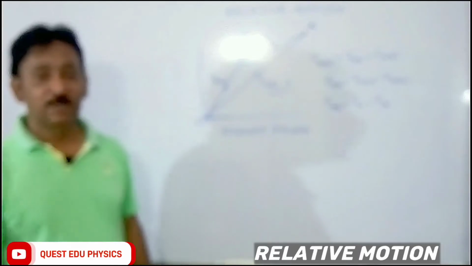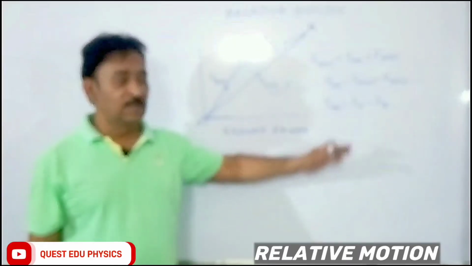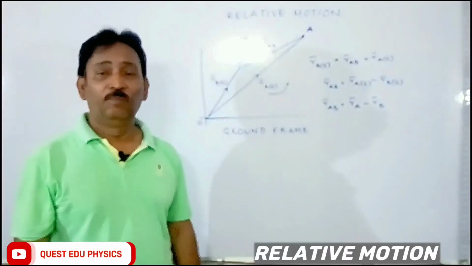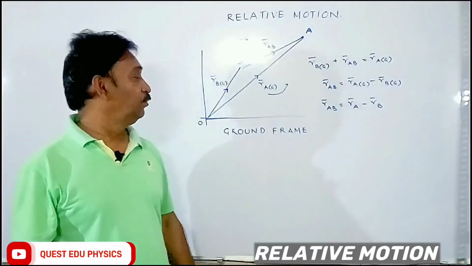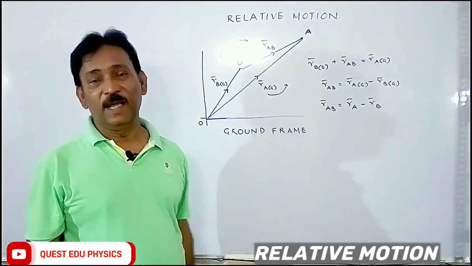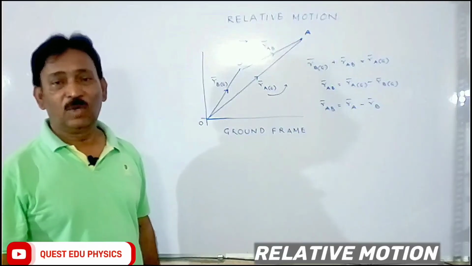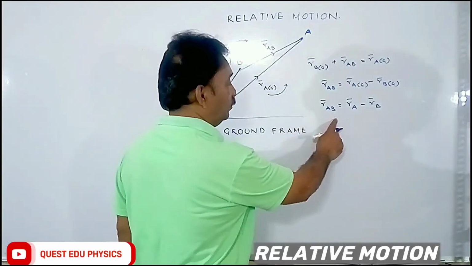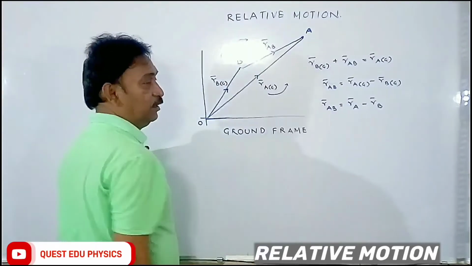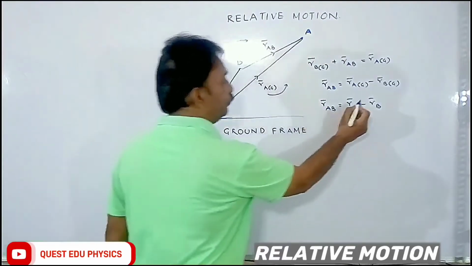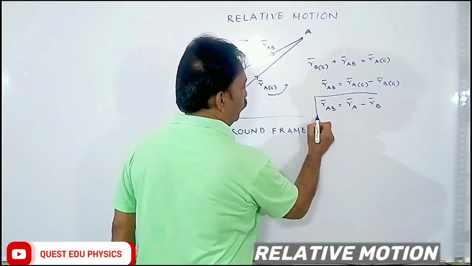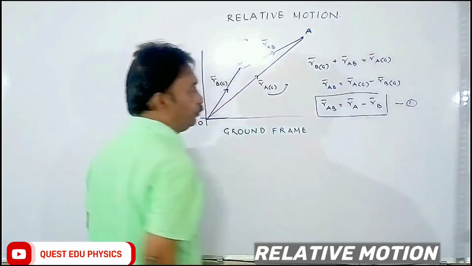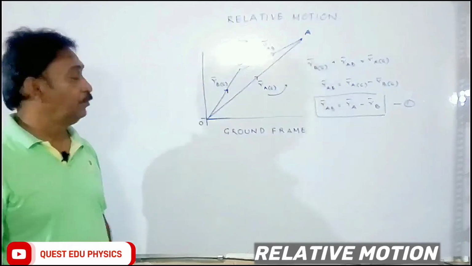Recall back your memories by taking these position vectors. If you remember the differentiation, you can get the velocity as well as the acceleration. Here to get the relative velocity, what you have to do, we have to differentiate this one. Okay, students, getting me?